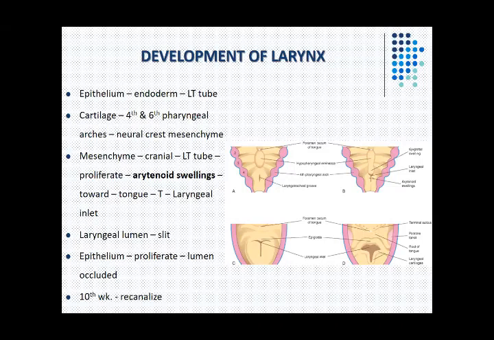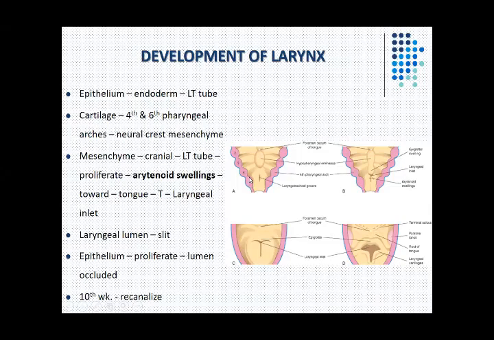So fourth and sixth arch, this mesenchyme of the fourth and sixth arch gives rise to the cartilages of the larynx. और fourth और sixth arch की ये जो mesenchyme है, this mesenchyme comes from neural crest cells.